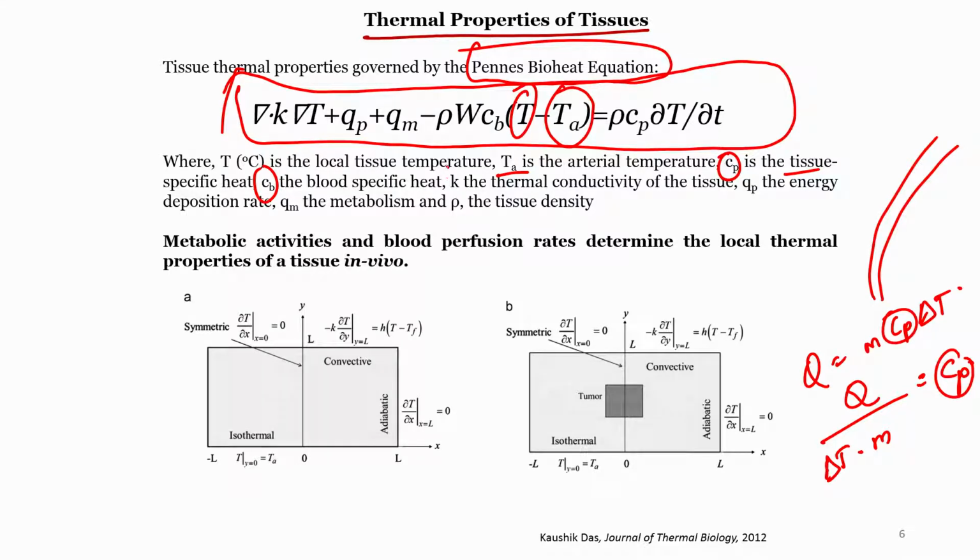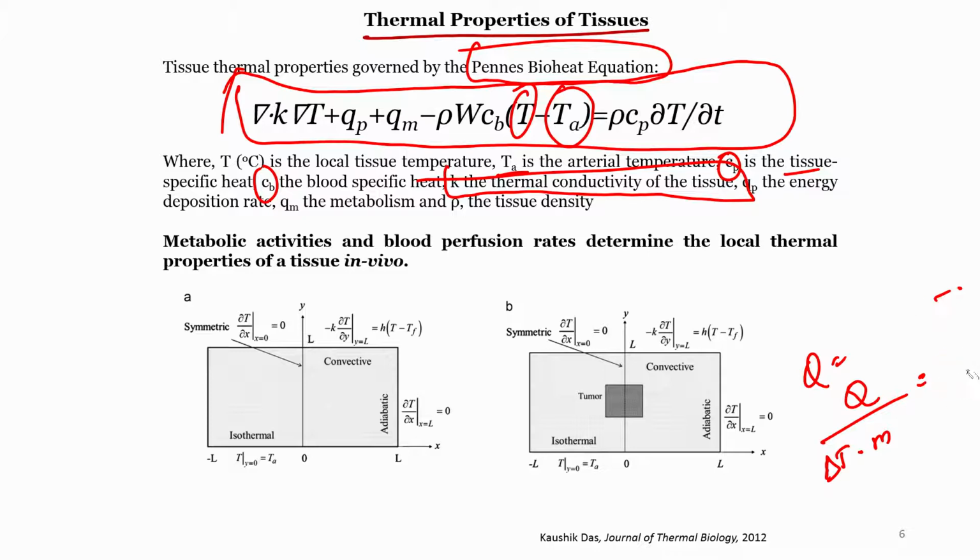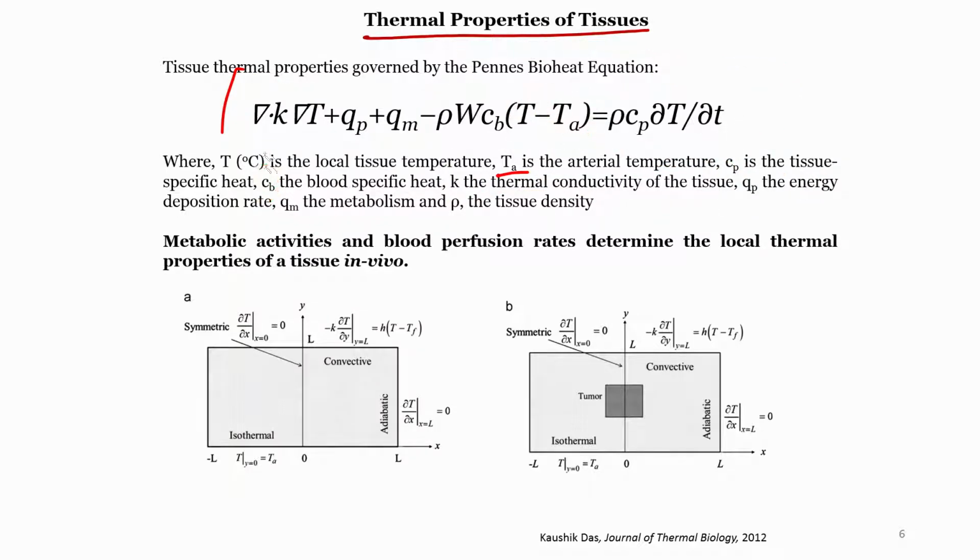K is what we are trying to solve. K is the thermal conductivity of the tissue. Then there are two quantities, Qp and Qm. Qp is the energy deposition rate and Qm is the metabolism rate, and rho is the tissue density.